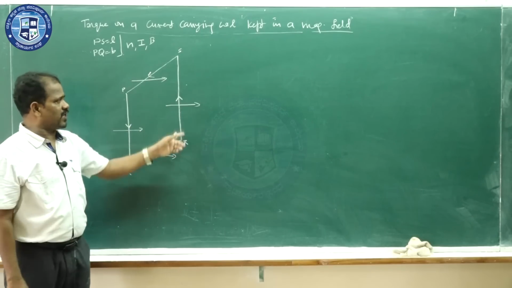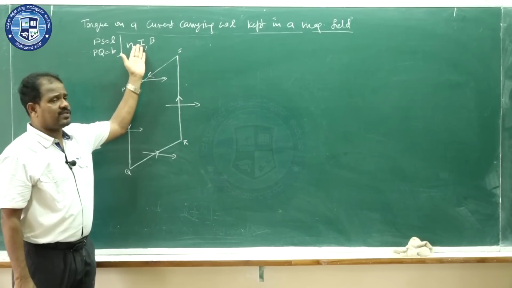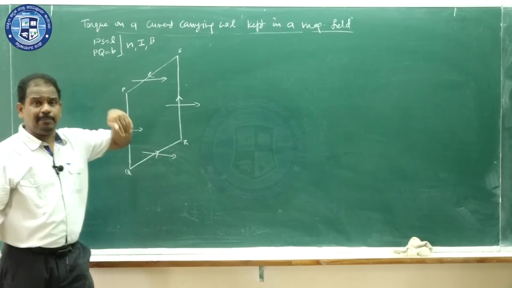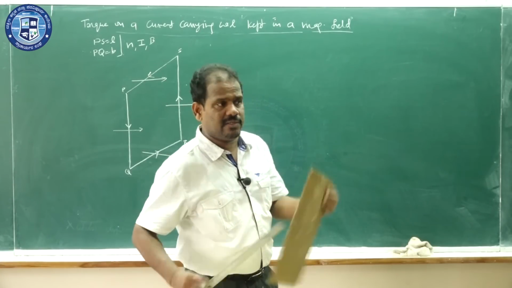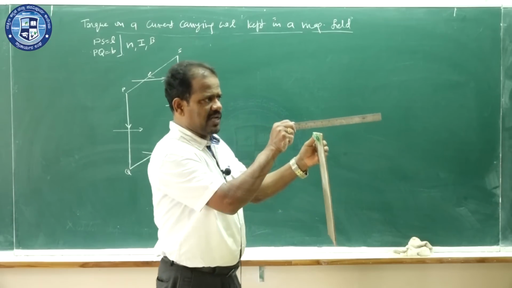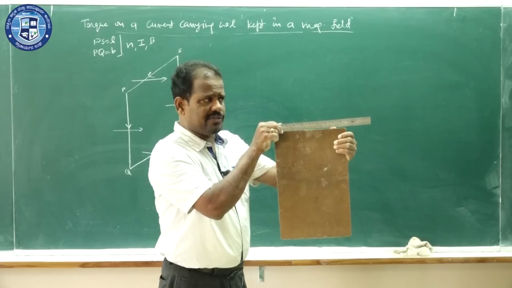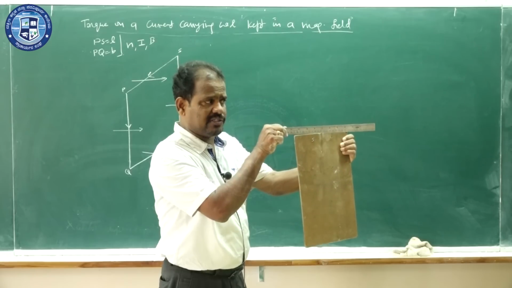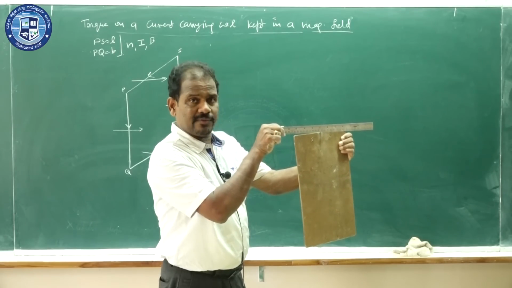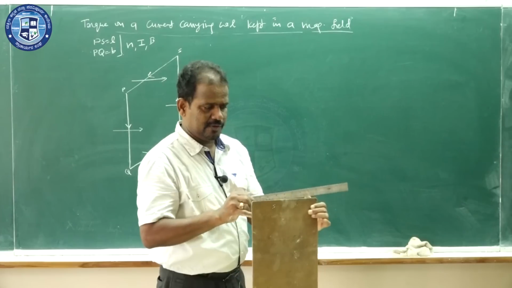So consider one rectangular coil whose length is L, breadth is B, having N number of turns, carrying current I, kept in the magnetic field B, making an angle. If the coil is kept like this, what is the angle? 90 degrees. If the coil is kept like this, what is the angle? 0 degrees. But I am keeping the coil at an arbitrary angle, less than 90, more than 0. It is somewhere here. Understood?